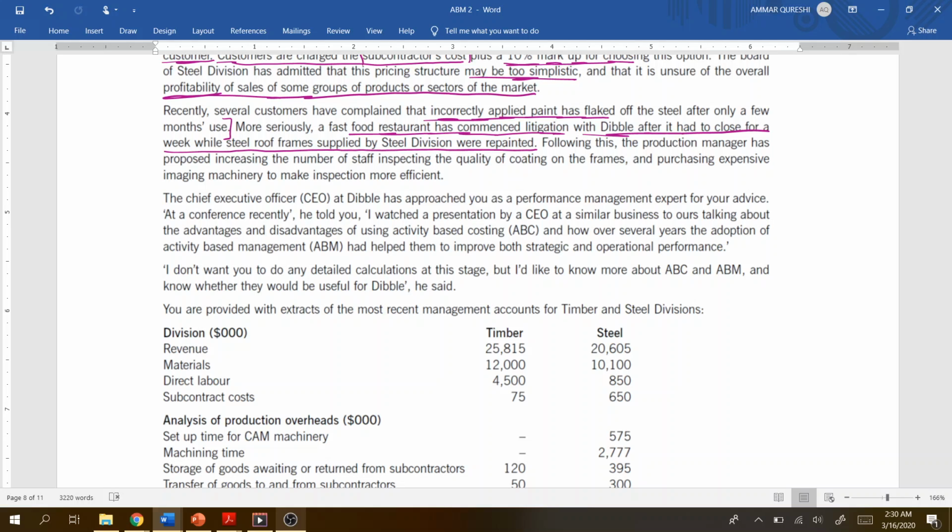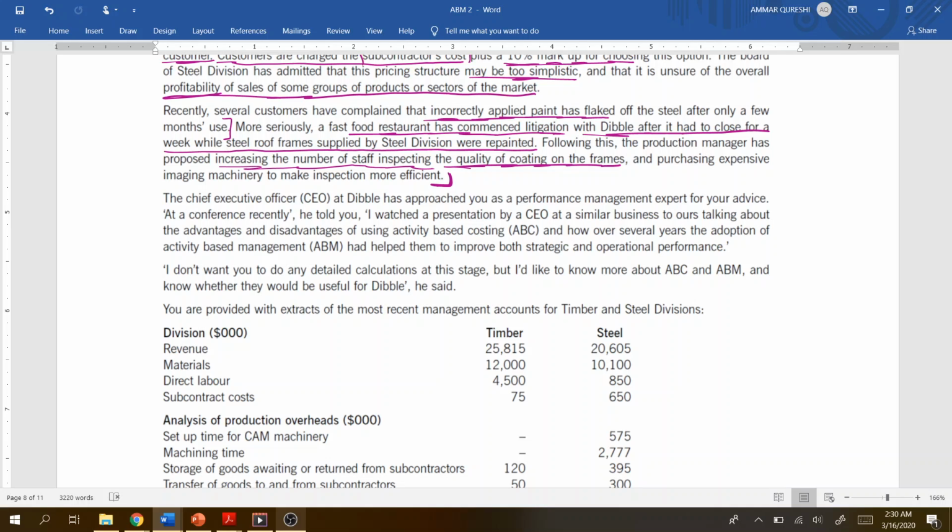Following this, the production manager has proposed increasing the number of staff inspecting the quality of the coating on the frames and purchasing expensive imaging machinery to make inspection more efficient. Now, you may pause this video and think about whether this is the right strategy used by the management.